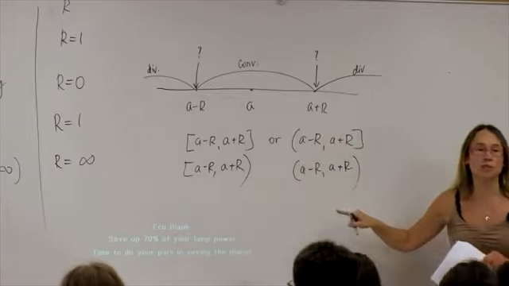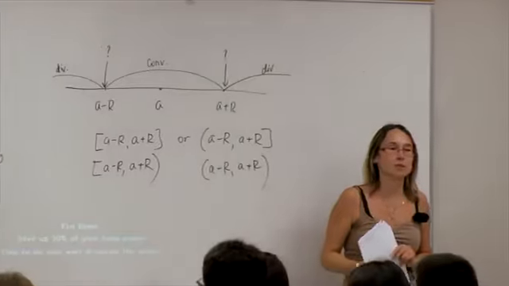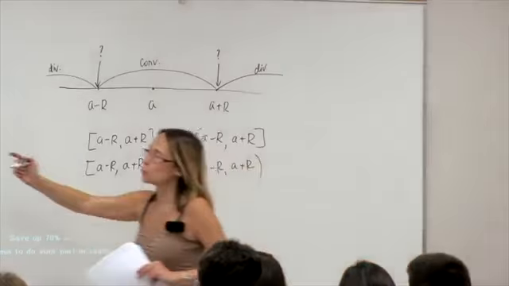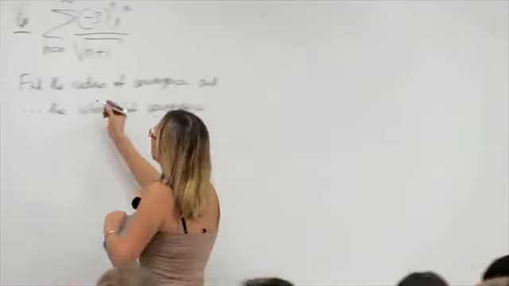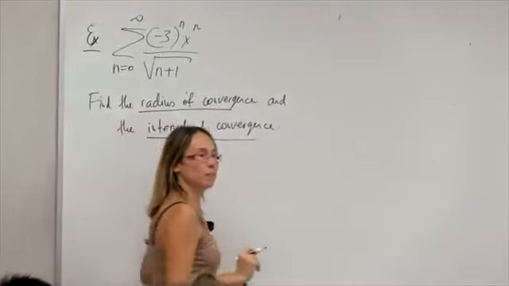So we have four possibilities depending on whether each endpoint converges. That is why the question is formulated like this. We need to find the radius of convergence and the interval of convergence, not exactly the same thing.